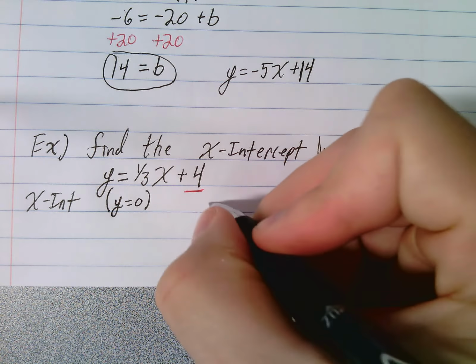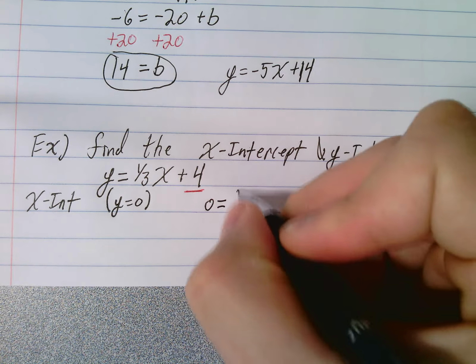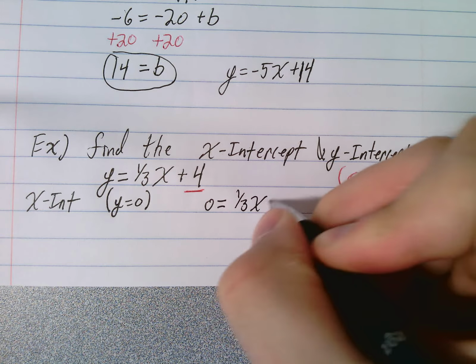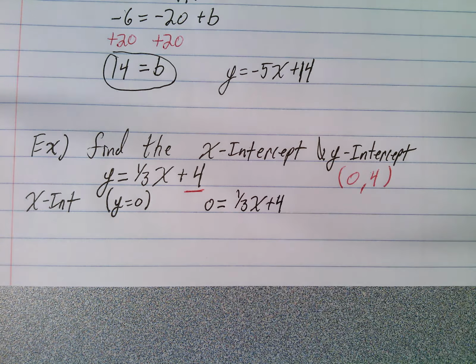So we'll say that I've got 0 is equal to 1/3 x plus 4. How do I solve for x? Good. Subtract 4.